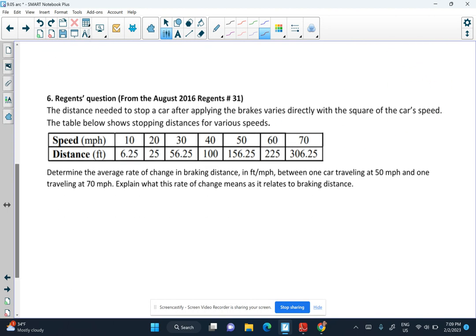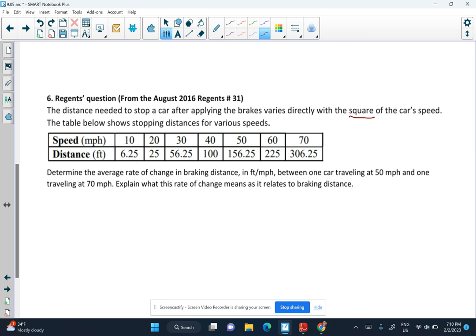Okay, and the last problem is a word problem from the August 2016 Regents, number 31. The distance needed to stop a car after applying the brakes varies directly with the square of the car's speed. The table below shows the stopping distance for various speeds.